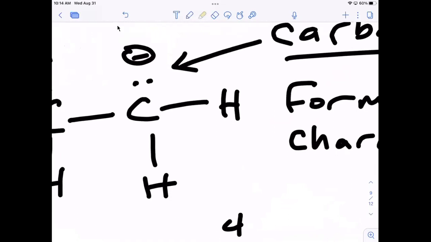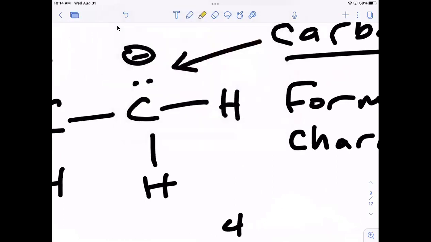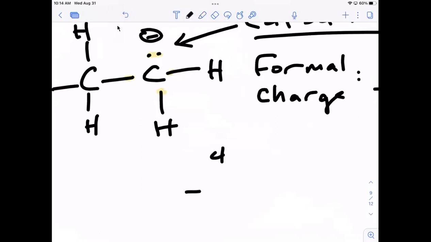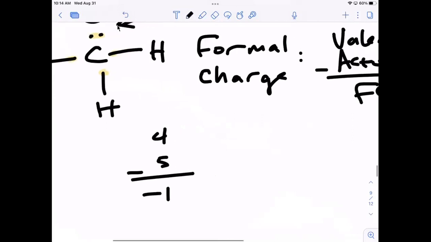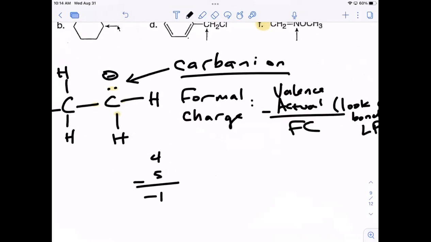So we've got 2 here and then 1 from each bond, so 1, 2, and 3, for a total of 5. So 4 minus 5 is -1. That's how we calculate the formal charge for any atom: valence minus actual.